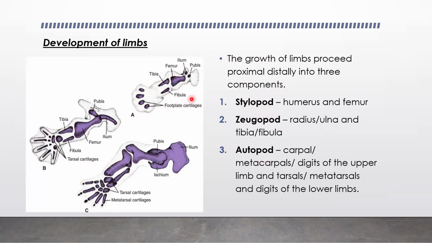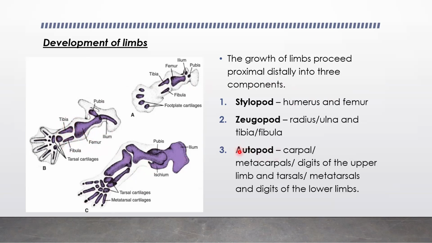The stylopod, which is here, will give us the humerus and the femur of upper and lower limb respectively. The zeugopod will give us the radius and ulna in the upper limb, and then the tibia and fibula in the lower limb.